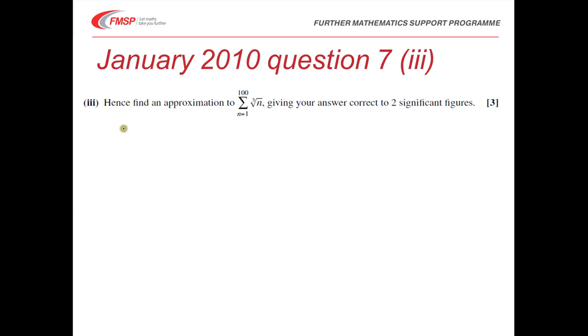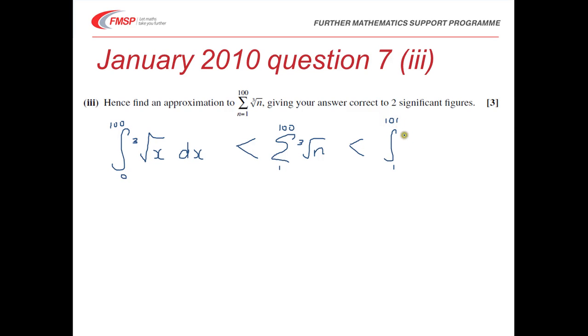So what we know is if we go from 0 to 100 of the cube root of x, if we find that integral, then we know from what we did in part 1 that the sum of the cube root of n from 1 to 100 is going to be greater than that integral, but at the same time it's going to be less than the integral if we go from 1 to 101. So that's the result from part 2.